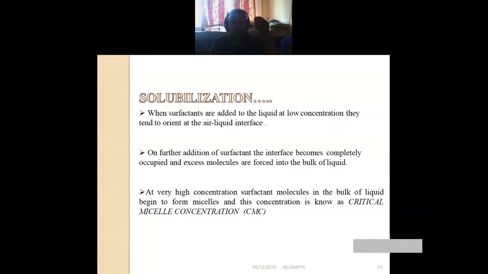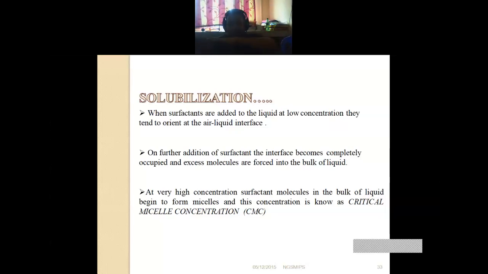First, when surfactants are added to a liquid at low concentration, they tend to orient at the air-liquid interface, meaning the upper surface of the solvent or liquid portion. They will just stick on the upper portion of the solvent. Understood? When we further add surfactants, the interface becomes completely occupied and excess molecules are forced into the bulk of the liquid.